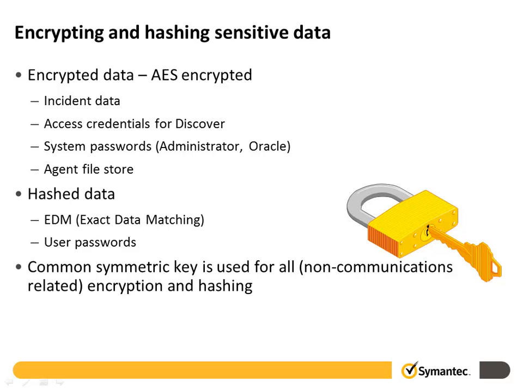With regards to the hashing of data, the detection method exact data matching hashes sensitive information, and user passwords are also hashed. A common symmetric key is used for all non-communications related encryption and hashing.